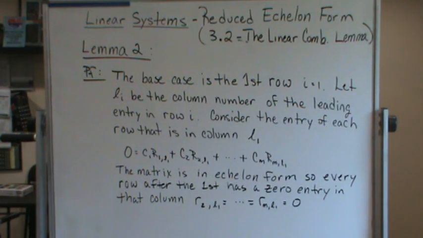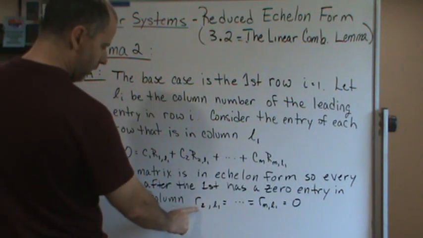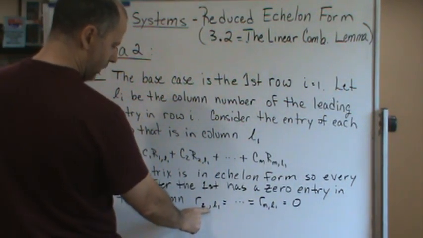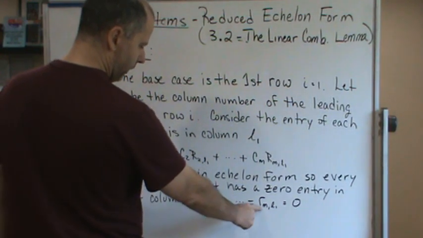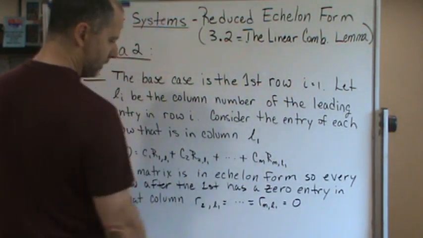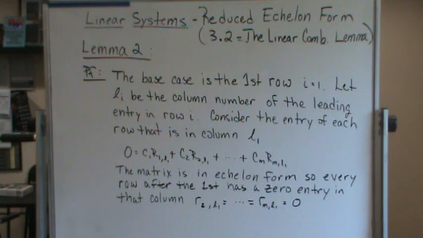Since we're dealing with the first column, every entry below it is going to be 0, which tells us that R sub 2, L sub 1, all the way through R sub m, L sub 1 is equal to 0.